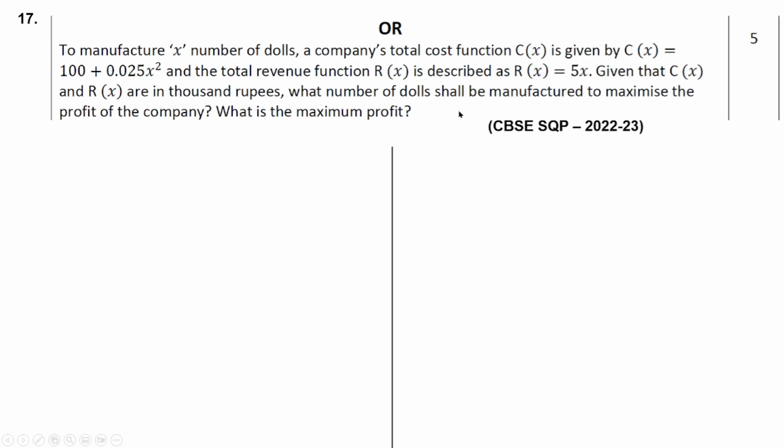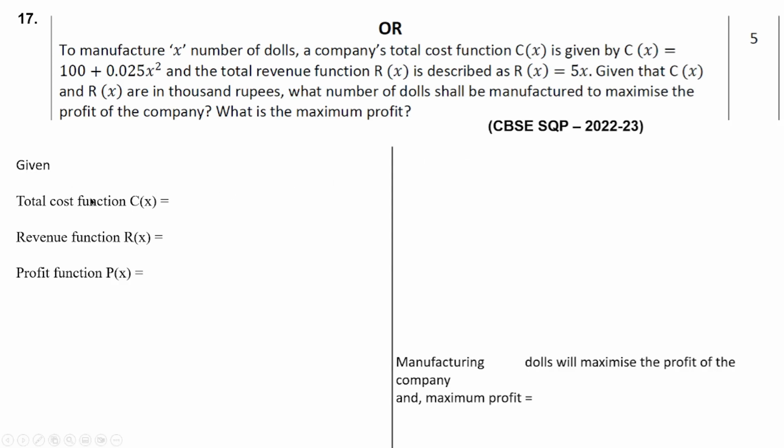So this is a very easy question. Here they have given the cost function and the revenue function directly. From this we can find the profit function as revenue function minus cost function, and then we can find the value of x for which the profit function is maximum.